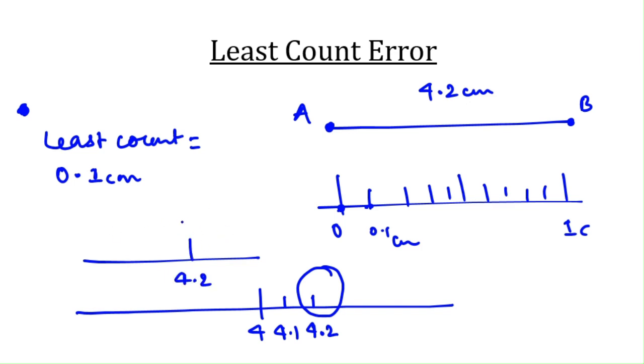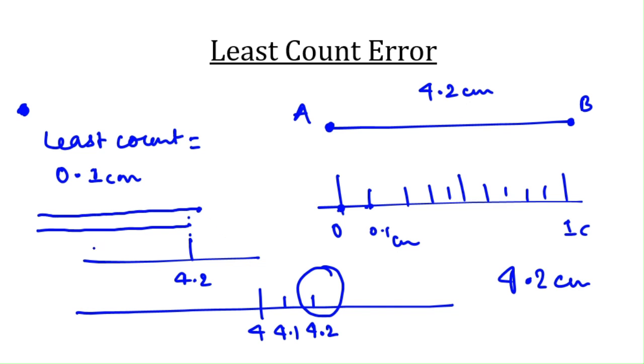If the line segment falls up to here, just coinciding with this 4.2, you can report that the line segment has a length of 4.2 centimeter. But if it is slightly beyond the 4.2, or maybe just before this 4.2, still you will report this value to be 4.2 centimeters.